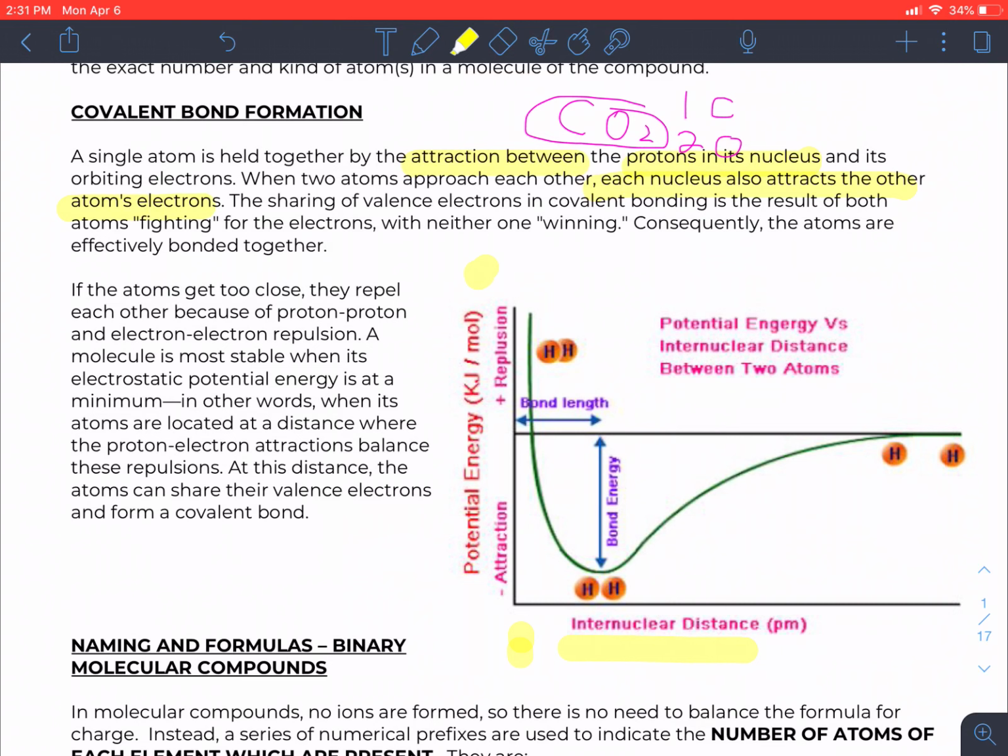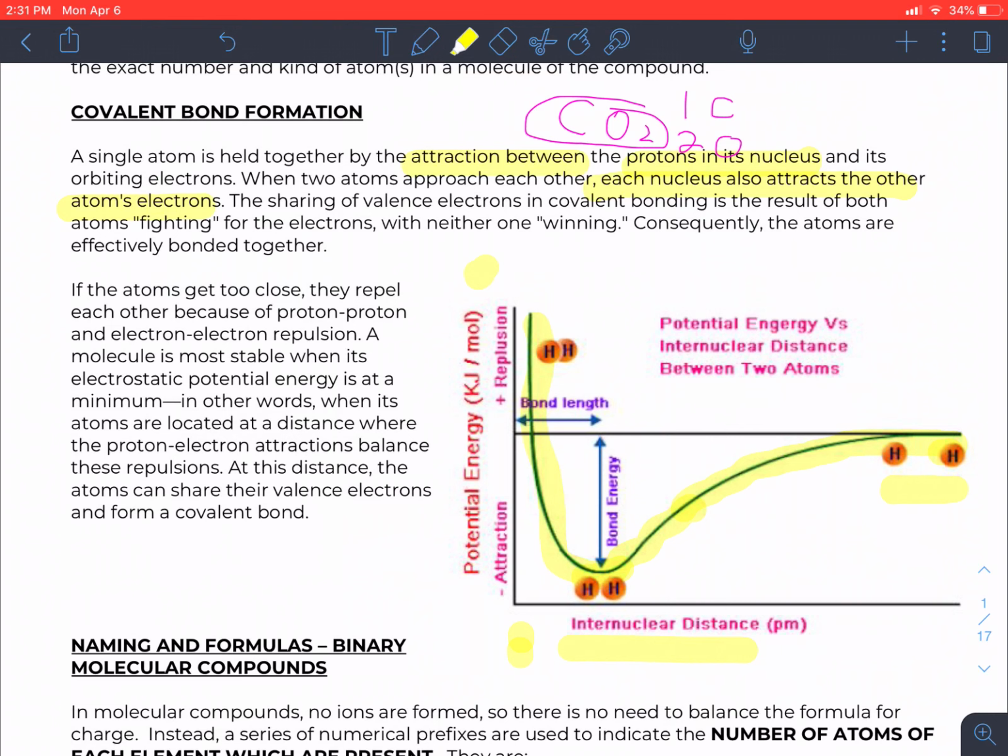Out here, when atoms are far apart, they possess a certain amount of energy. As we start to travel this line, the two atoms get closer and closer to each other until they reach a certain point at which their energy is lowest. If they push together too much, their energy skyrockets because they're actually starting to repel instead of attract.